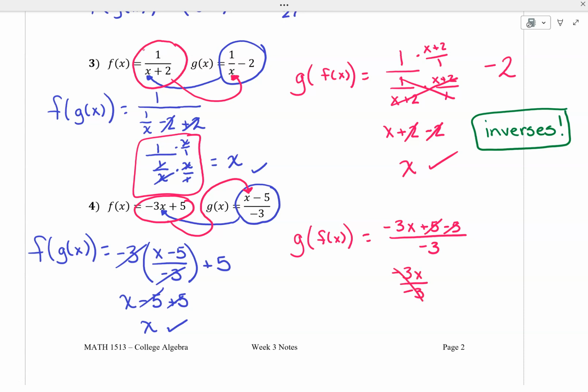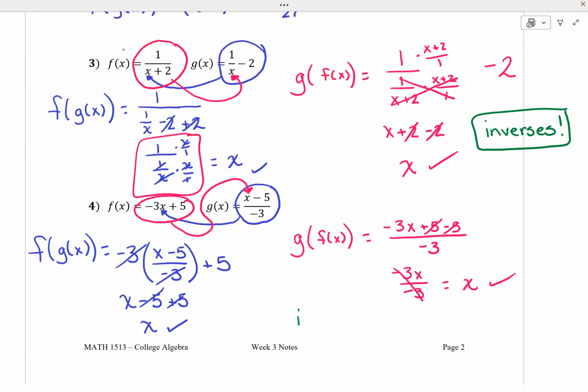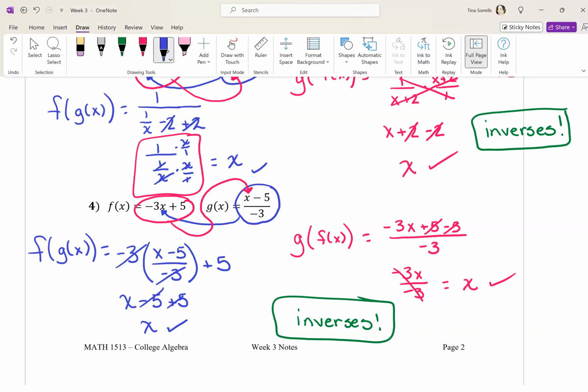Then the negative 3's cancel, and you're left with an x. So therefore, this one is also inverses. Okay, so I'm hoping that this inverse stuff is not too bad for you. The biggest thing is to verify if they're inverses, you plug them into each other. And if you get an x, they're inverses.